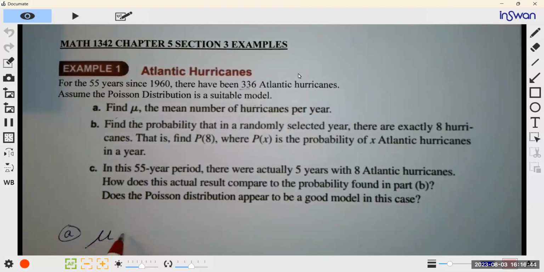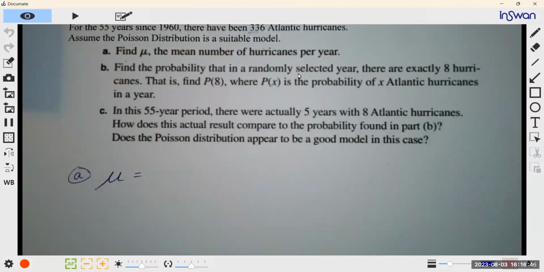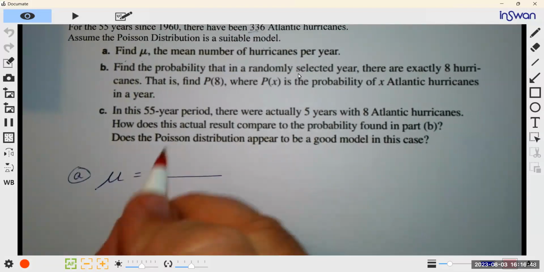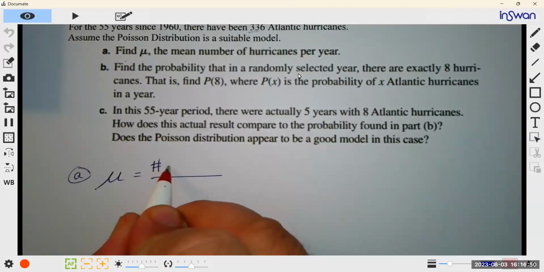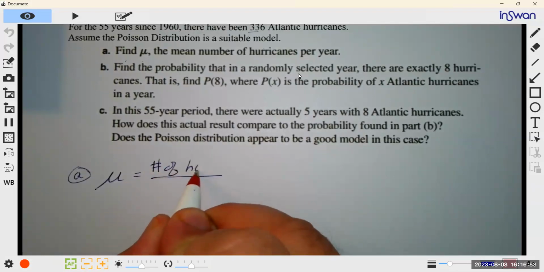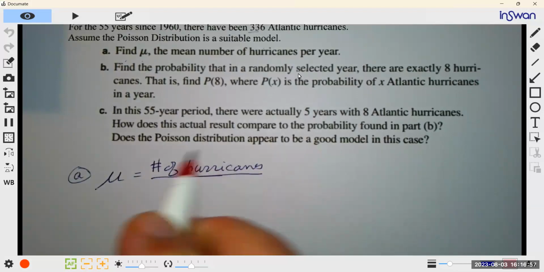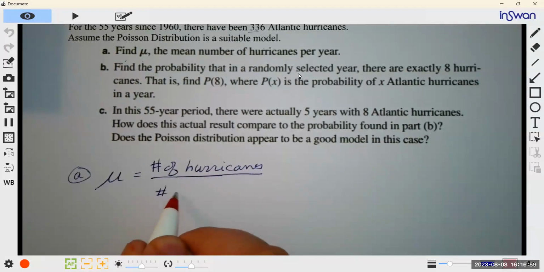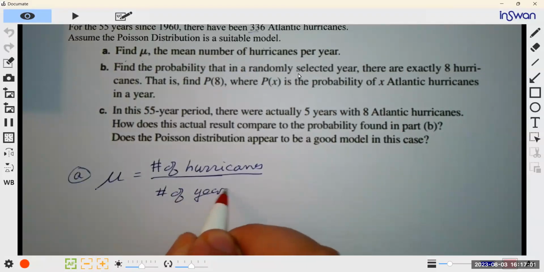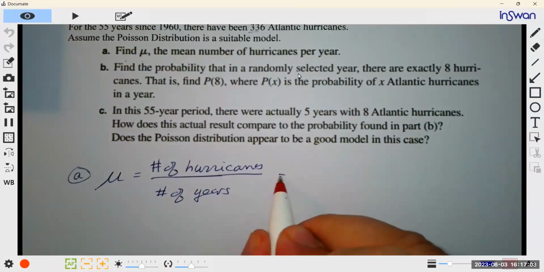The mean is the number of hurricanes divided by the number of years, the period of time.